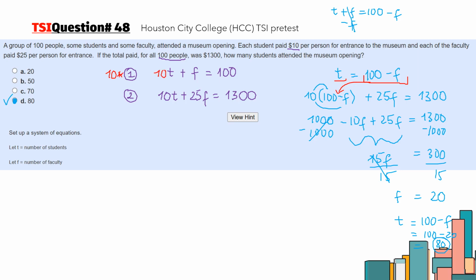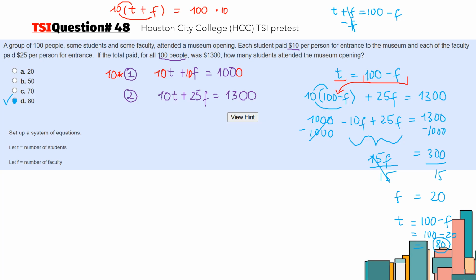So I have 10 right here, 10 right here, and then add one more 0 right here. It looks like this. We have 10 times T plus F on the left side. The right side, you have 100, you multiply by 10. So 10 times T is 10T, 10 times F is 10F, and 100 times 10 is 1000.